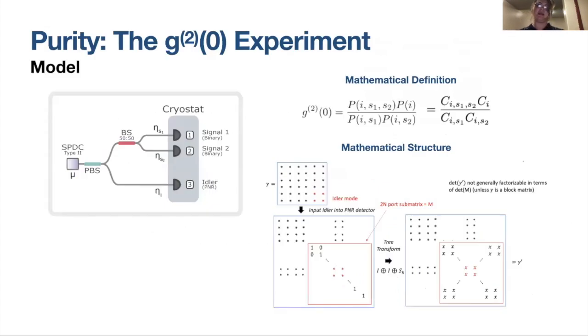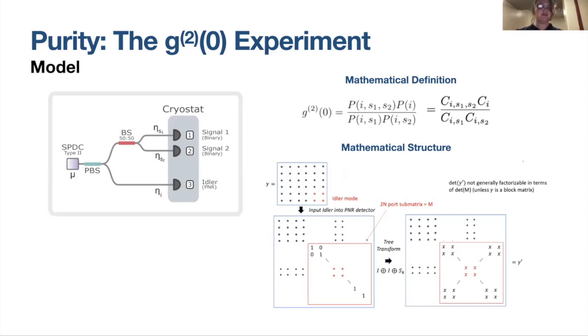In particular, we looked at a parameter called G2 naught, which is simply the purity of a single photon source. It basically is a measure of how pure a source is, how much there is a single photon as opposed to higher photon components.